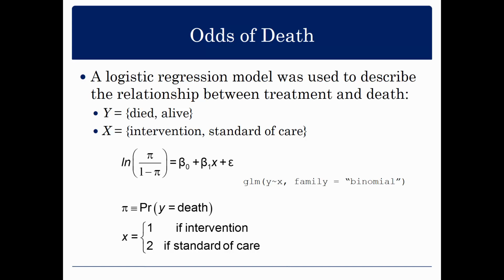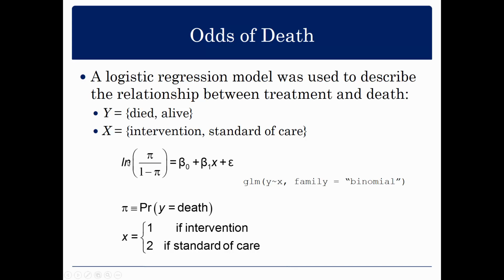So here we have a model that's describing the relationship between treatment and death, let's say within 5 years. The treatment is either the experimental therapy or some standard of care, and the outcome is they either died or they survived. So what I'm modeling here is the odds of death.